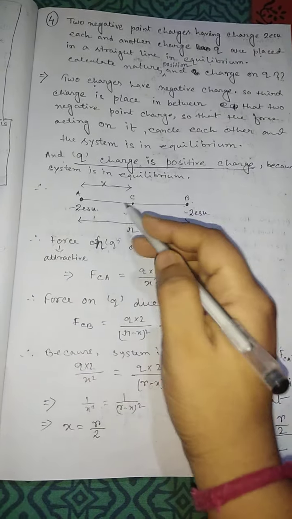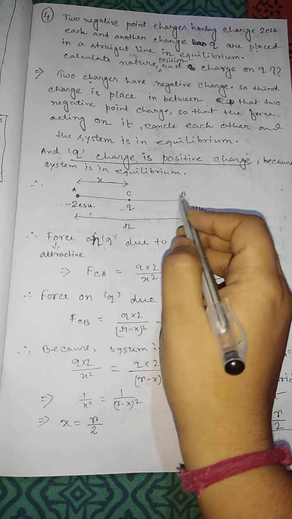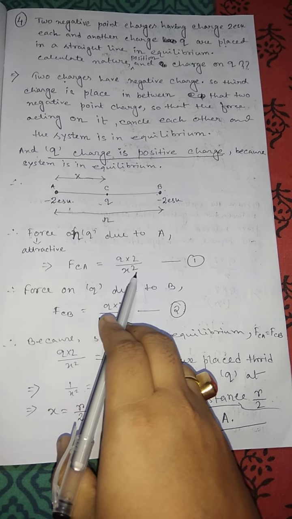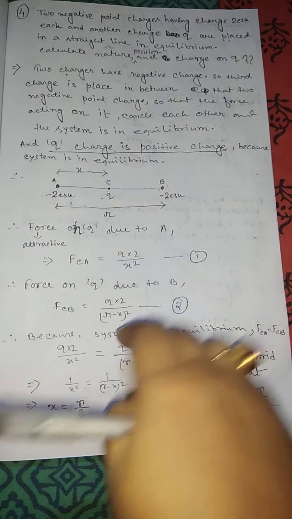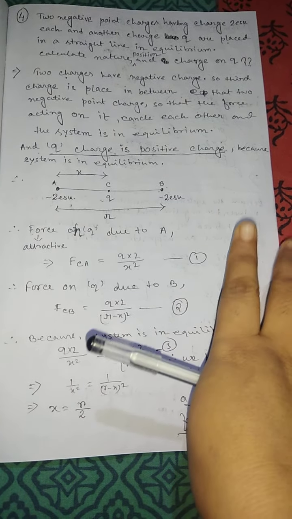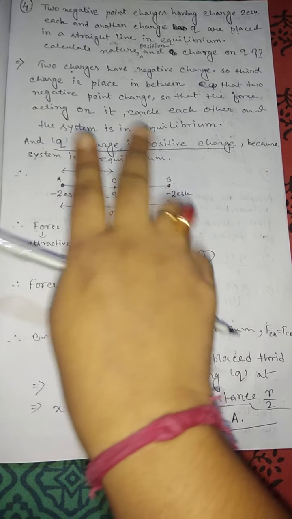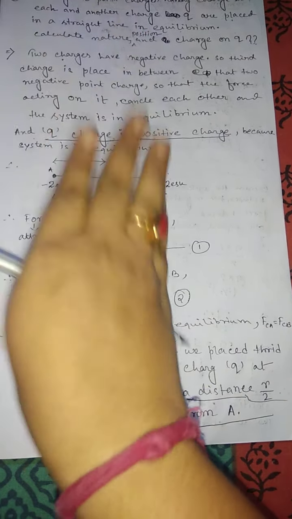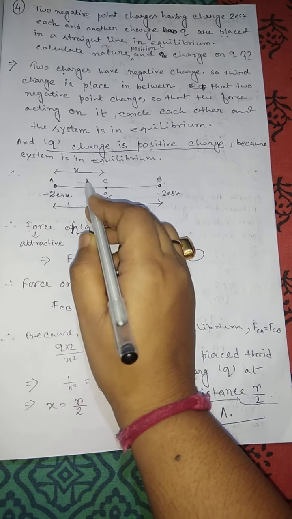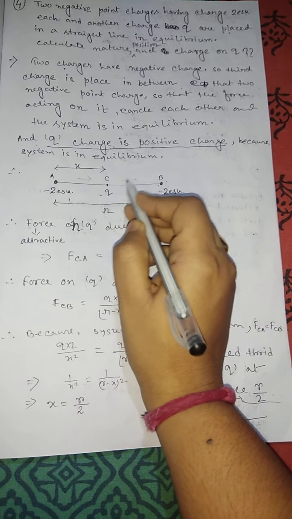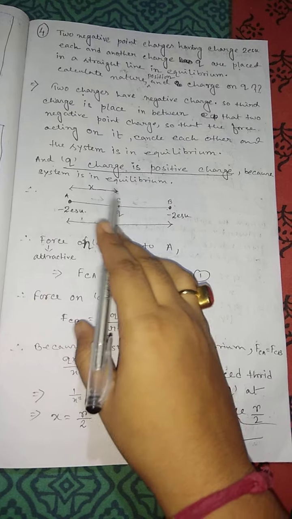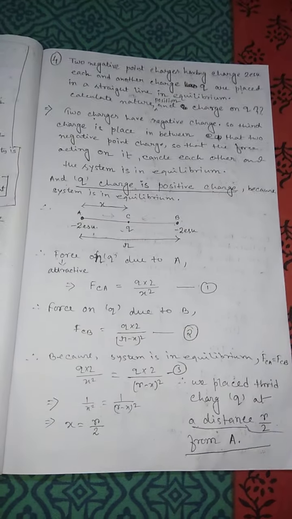So first we calculate the force on Q due to A, then the force on Q due to B. So FCA equals Q into 2 by x square. Here we neglect the negative sign. And FCB equals Q into 2 by (R minus x) whole square. Because this system is in equilibrium, these two forces, FCA in this direction and FCB in this direction, are in equilibrium when these two forces are equal to each other.